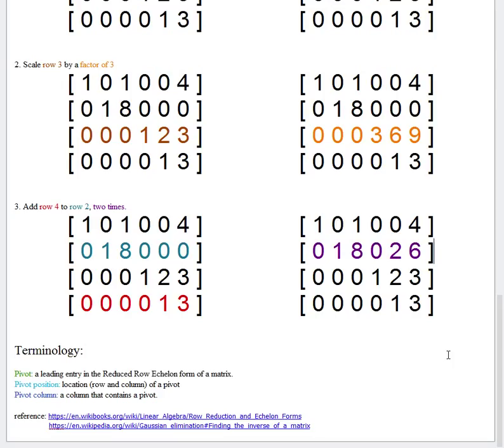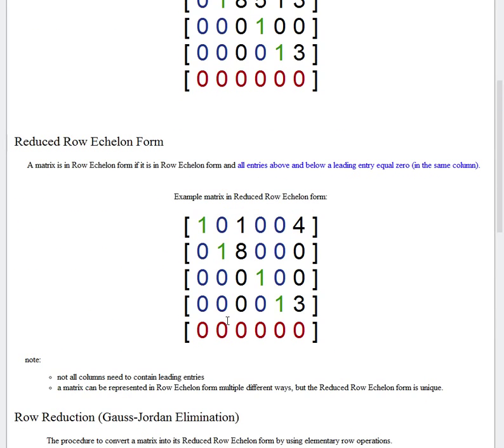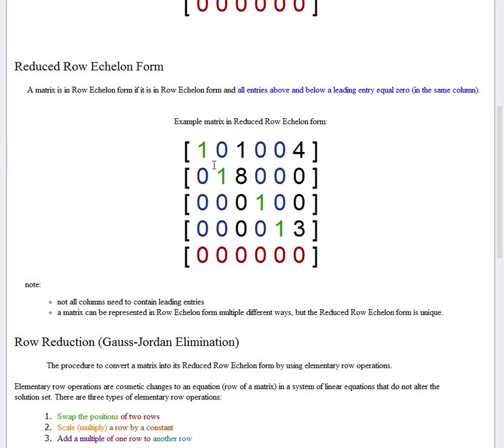A couple of terms that will come up when doing a row reduction, just to make things easier to state. There's a term introduced called a pivot, and that's the same thing as a leading entry, but it's specified to be a leading entry in the reduced row echelon form. So here above we had leading entries of 1s.